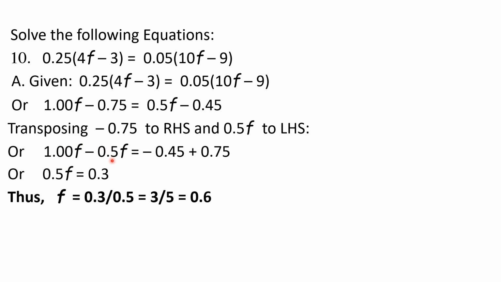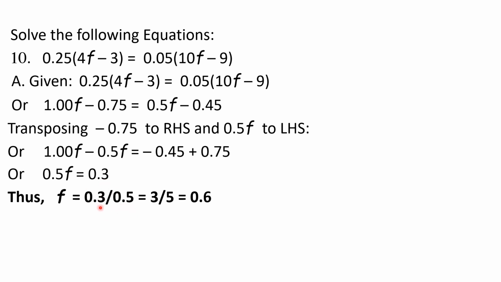Now 1 minus 0.5 is 0.5. So 0.5f is equal to, 75 minus 45 is 30. So 0.75 minus 0.45, 5 minus 5 is 0, 7 minus 4 is 3, so 0.3. So f becomes 0.3 upon 0.5.